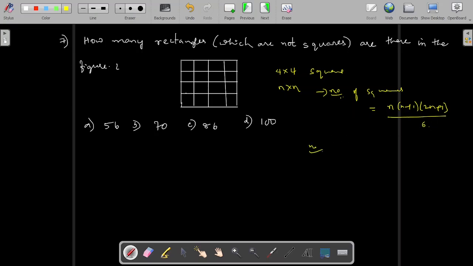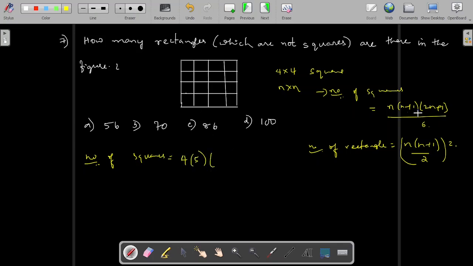And the number of rectangles in any n by n figure is given by n into n plus 1 divided by 2 whole square. So here n equal to 4. Therefore, number of squares equal to 4 into 4 plus 1, 5, into 2 times 4 plus 1, 9, divided by 6.